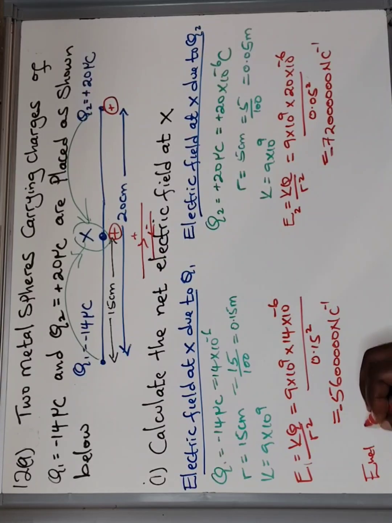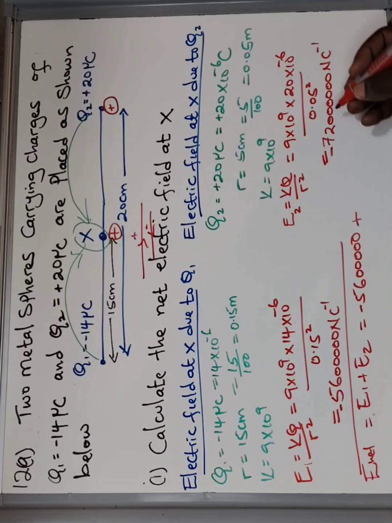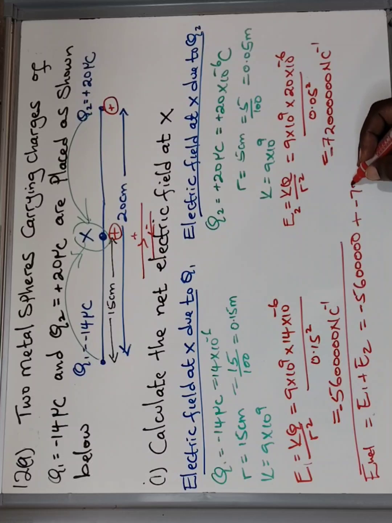So from there, you proceed and get your E net. Our E net is equal to E1 plus E2, which comes to 5,600,000 plus negative 72 million. And what you get out of that is going to be our E net.